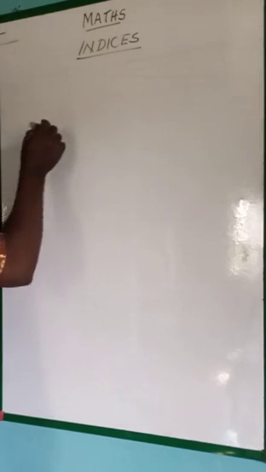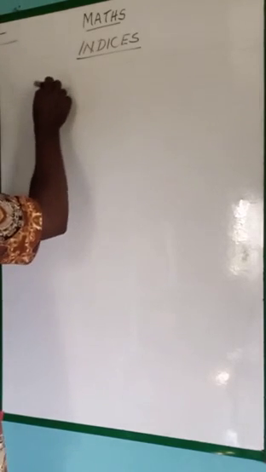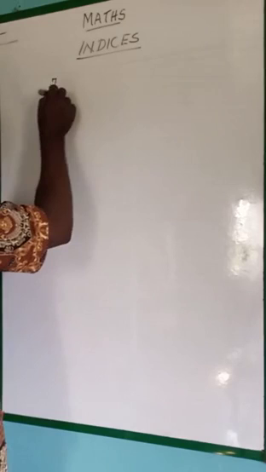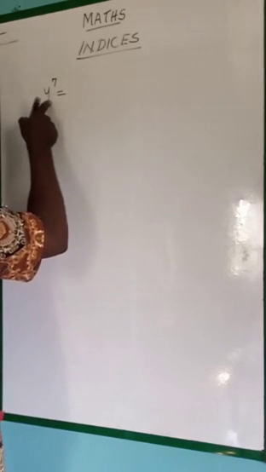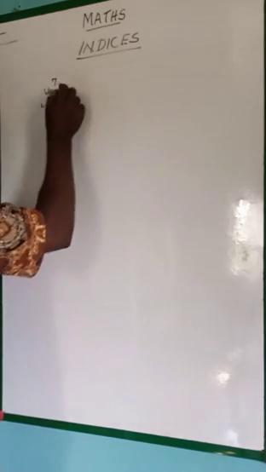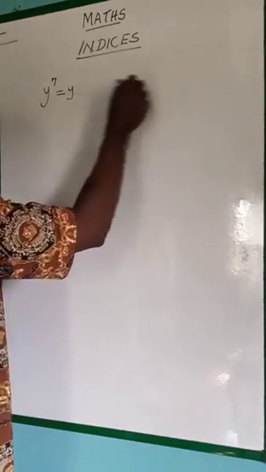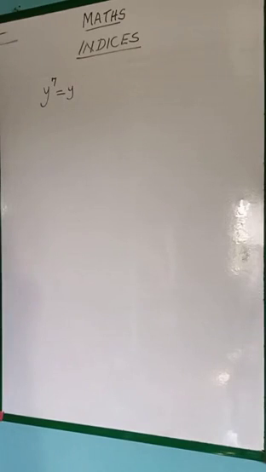Remember that when you have an expression, for instance, y raised to power 7, what this means is y raised to the power of 7, y into 7 places, all multiplied. That is what it means.